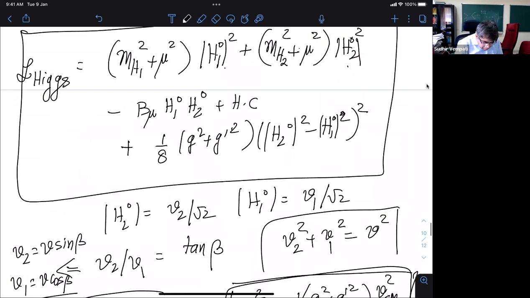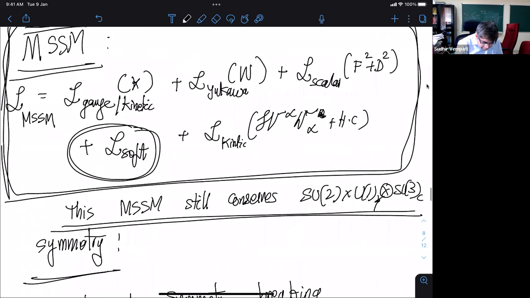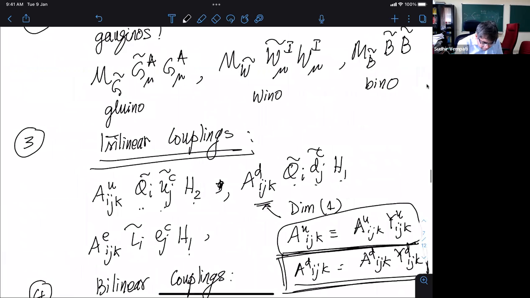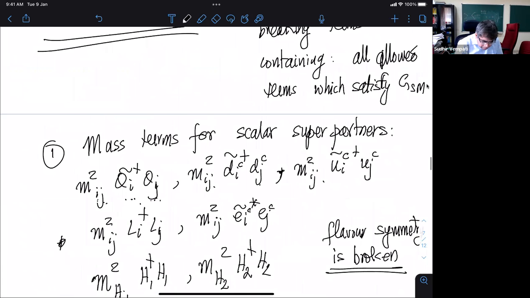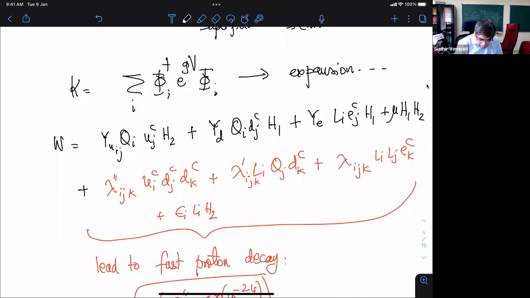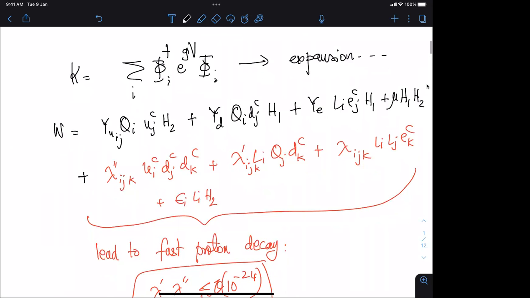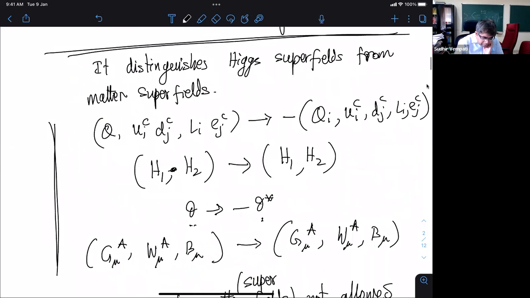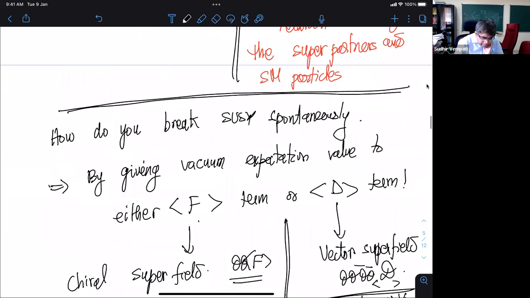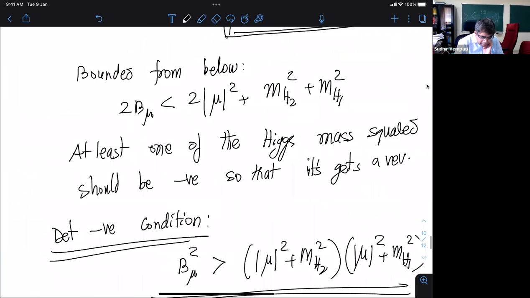Oh, is that so? I thought, okay, I typically use the other way around, maybe I'm wrong. No, but this is your choice. V2 is given to up type. So tan beta is V2 by V1, that is typically the notation, but it's your choice.